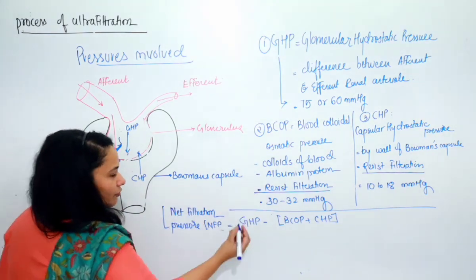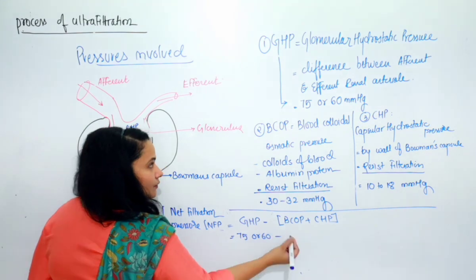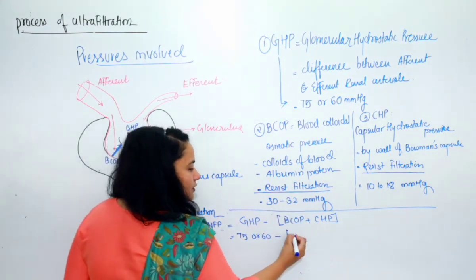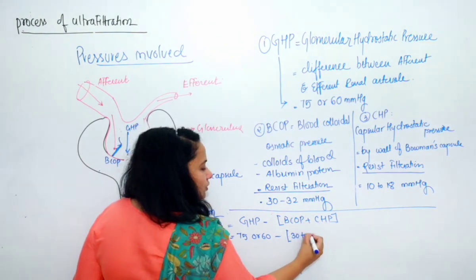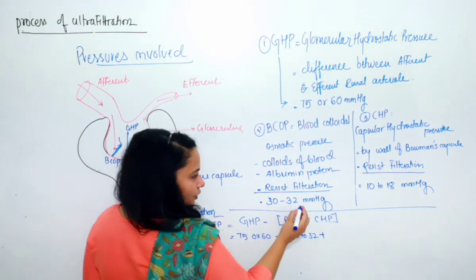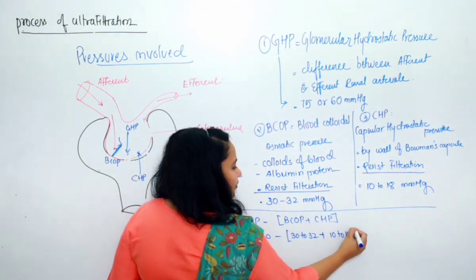So let us put the values now, that is 75 or 60 minus, we'll say, how much are we taking? This is BCOP 30 to 32 plus what we are taking over here is 10 to 18 mmHg.